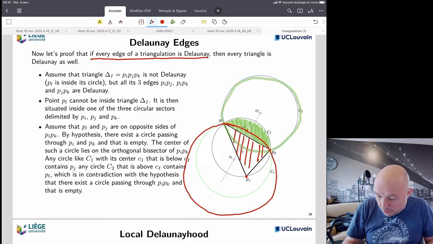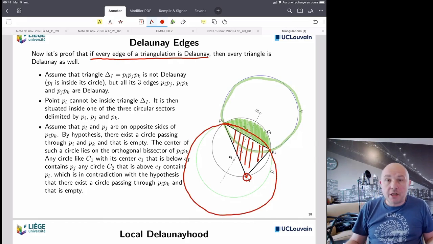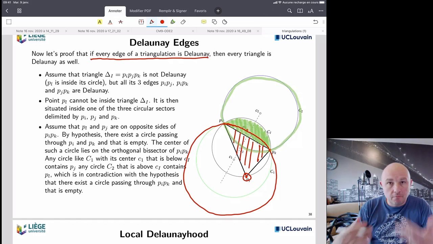But of course, this circle contains PJ. So it's a contradiction.